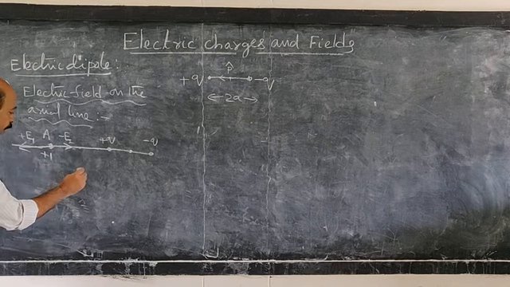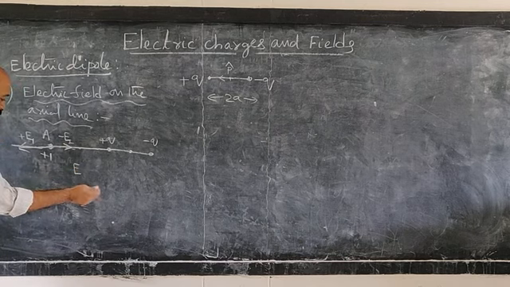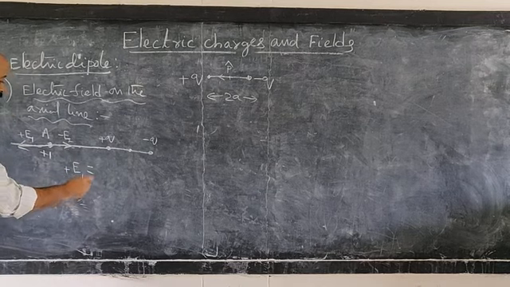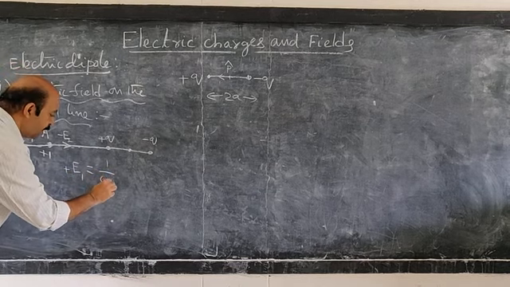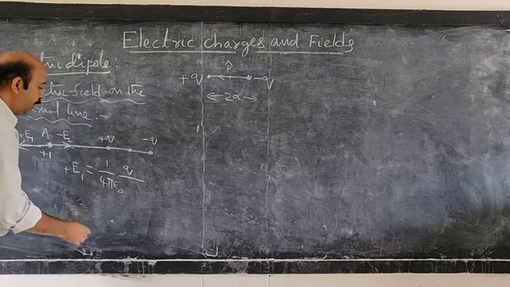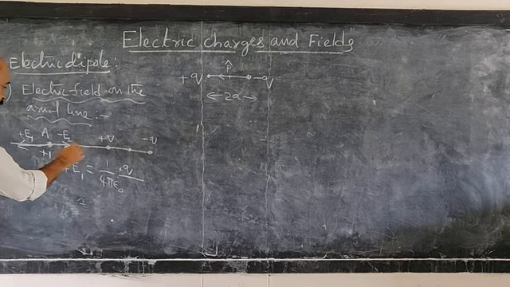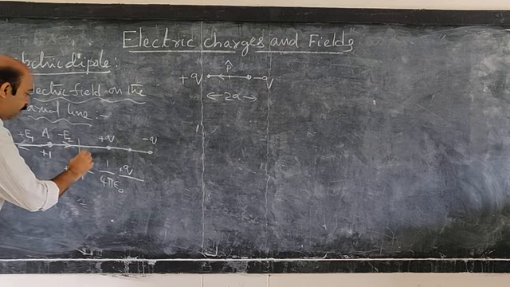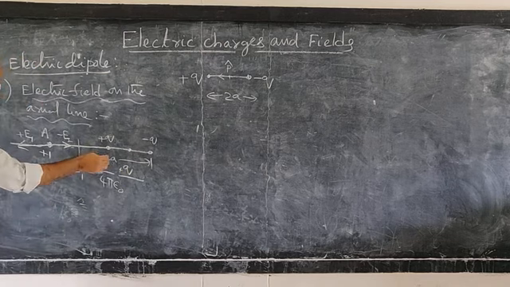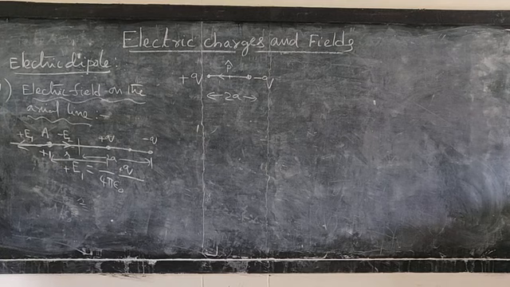So I can write like this: the electric field strength due to the positive charge is given by 1 by 4 pi epsilon naught, and here plus q, by the square of the distance. Let us take this separation here as 2a, but from the center to this point, let us take the distance as r.